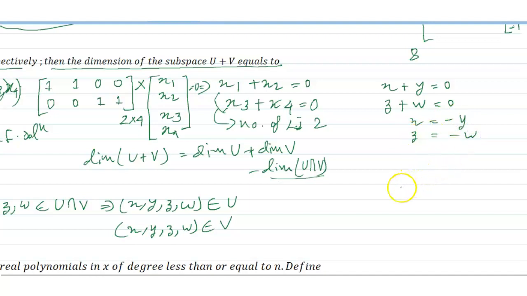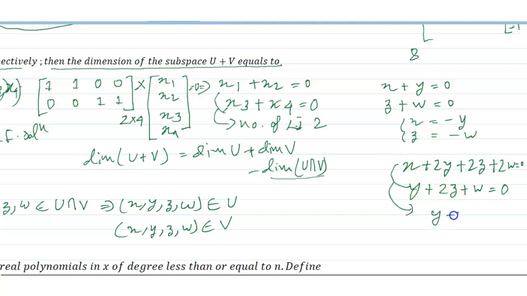Another equation, whatever you can get, x plus 2y plus 2z plus 2w equals to 0, and y plus 2z plus 2w equals to 0, and from this, with x equal to minus y and z equal to minus w, we can get only one equation, y minus w equals to 0.